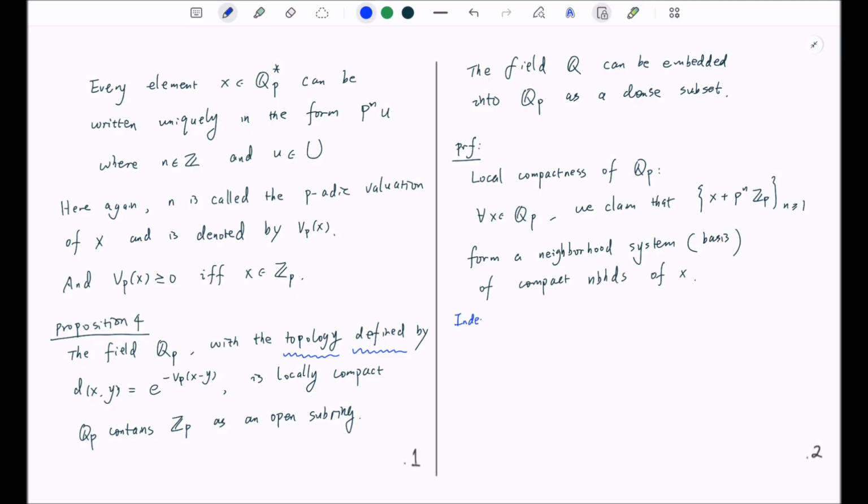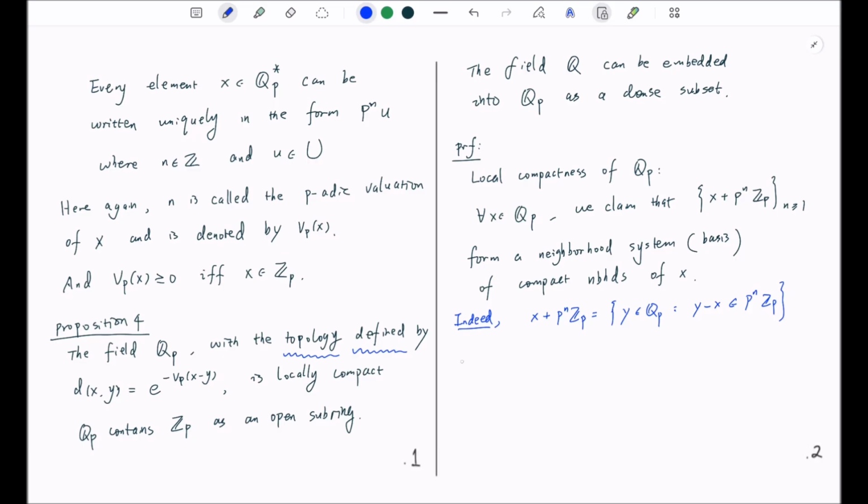Indeed, x plus p^n Z_p is equal to the collection of elements y in Q_p such that y minus x lives in p^n Z_p.